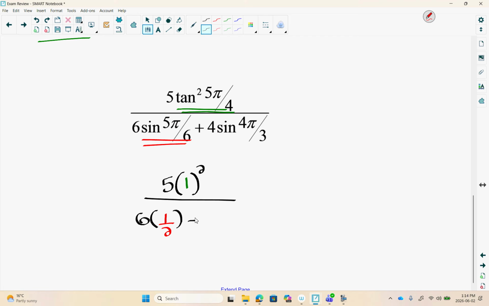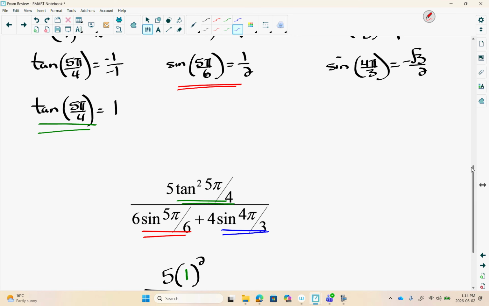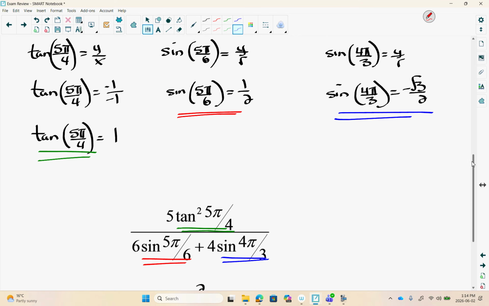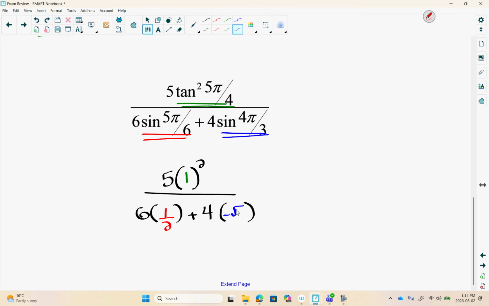I've got a plus sign, and then a 4. And then what's the sine of 4 pi over 3? Negative root 3 over 2. Everyone okay with that? So I've just changed or swapped out or substituted each of the trig expressions with their corresponding values.